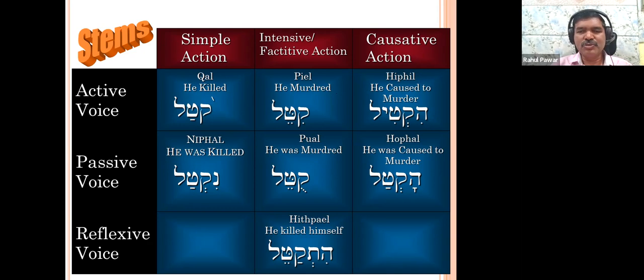Pa'al means to do or to work. Now, from Pa'al, only the first conjugation is named Qal. It should be Pa'al, but it has been given Qal. Otherwise, all other conjugations are derived from the single verb Pa'al.